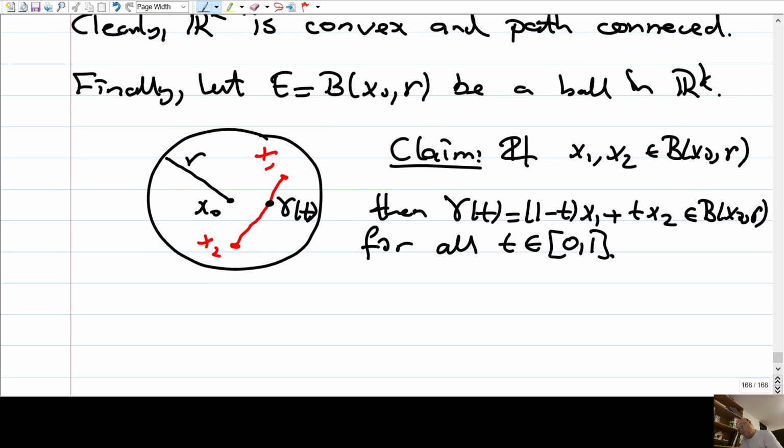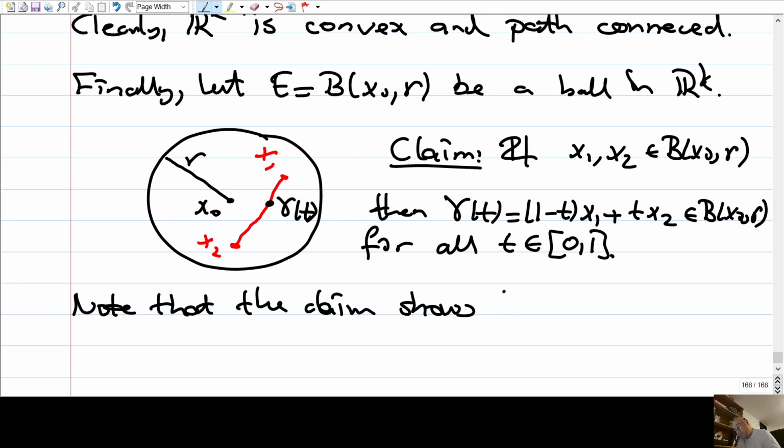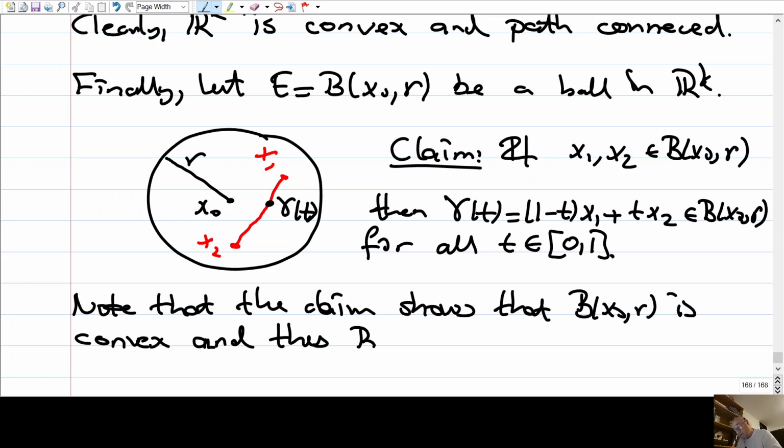Note that, of course, the claim shows that this ball is convex, and thus is path connected.